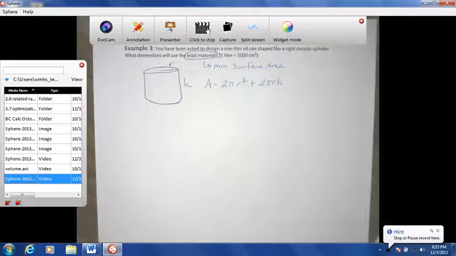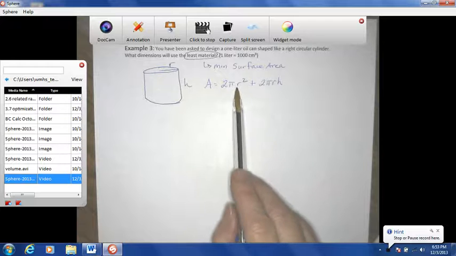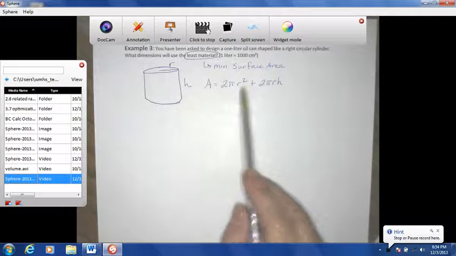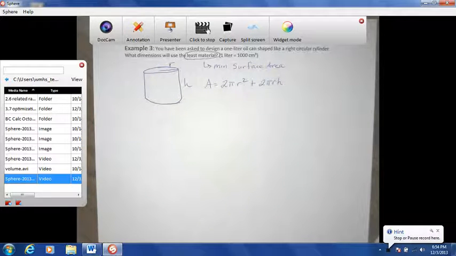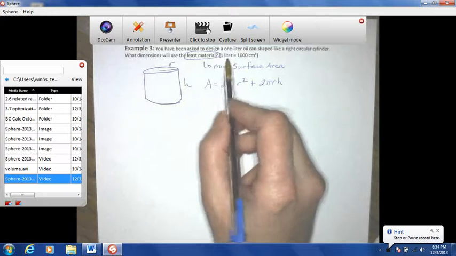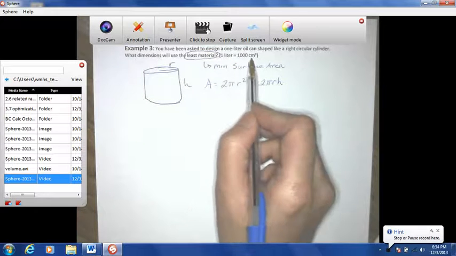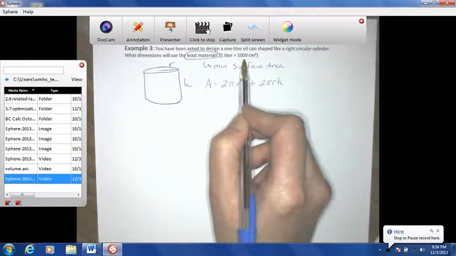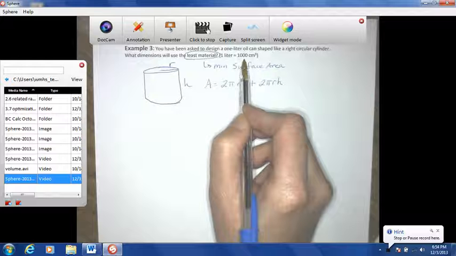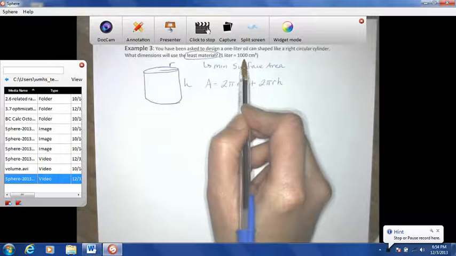Now, this particular problem is in terms of two independent variables, the radius and the height. So we will need a second equation to substitute one of the variables out. Up in the problem, they told us that this can is supposed to hold a liter of oil, which means it's going to be 1,000 cubic centimeters.